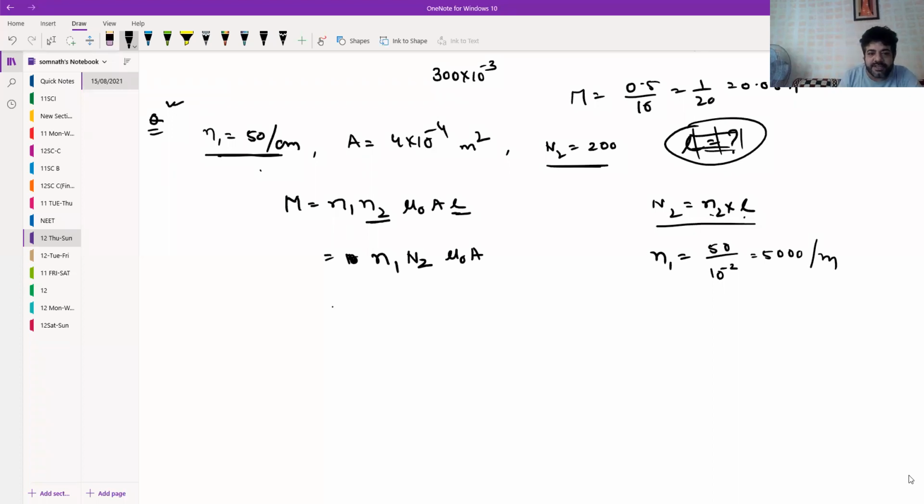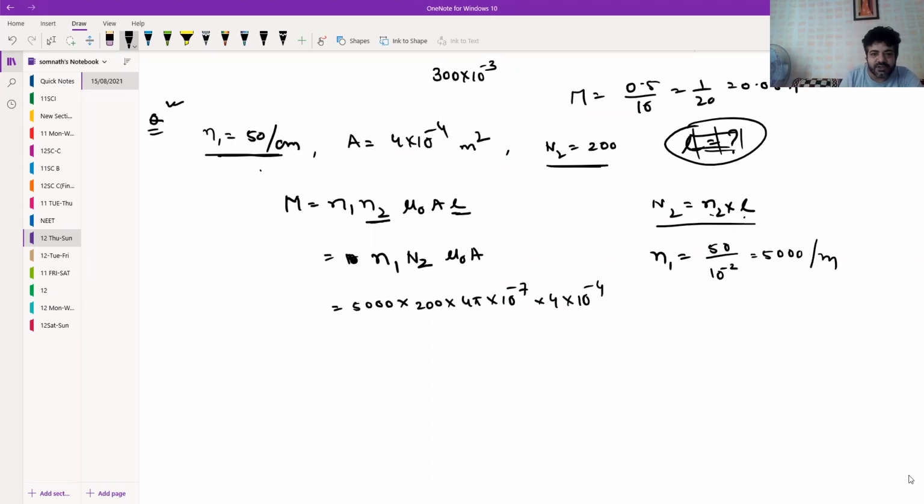Now we have all the data. 5,000, 200, 4 pi, 10 to the power minus 7, 4 into 10 to the power minus 4. Yes or no?